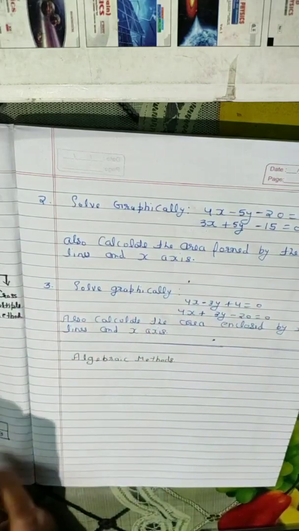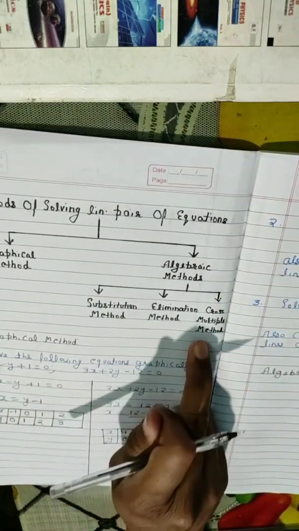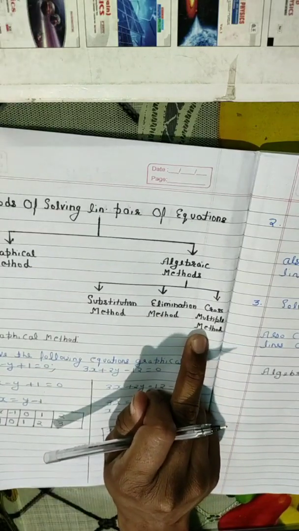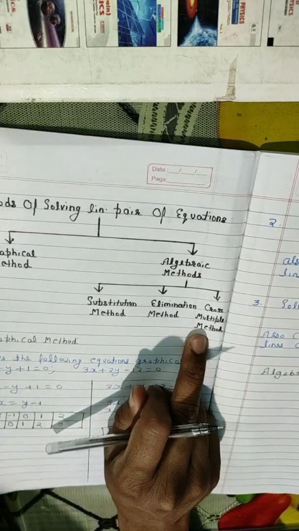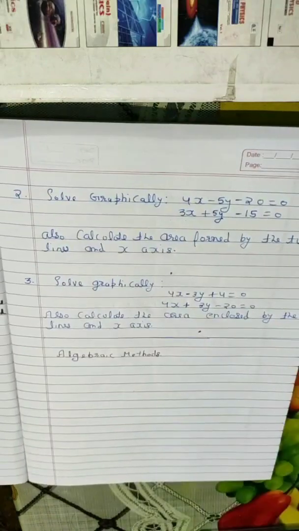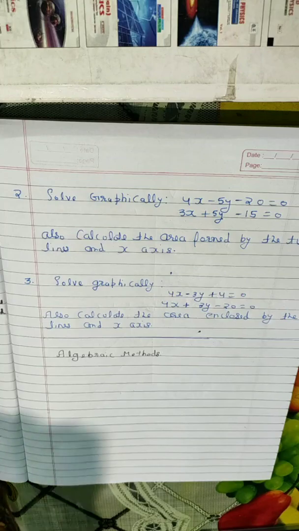Now, as I told you, there are three methods. We have the substitution method, the elimination method, and the cross multiplication method. We can use any of the three methods unless it is stated to use one particular method. But if it asks to use a particular method, then we will have to use that method only.